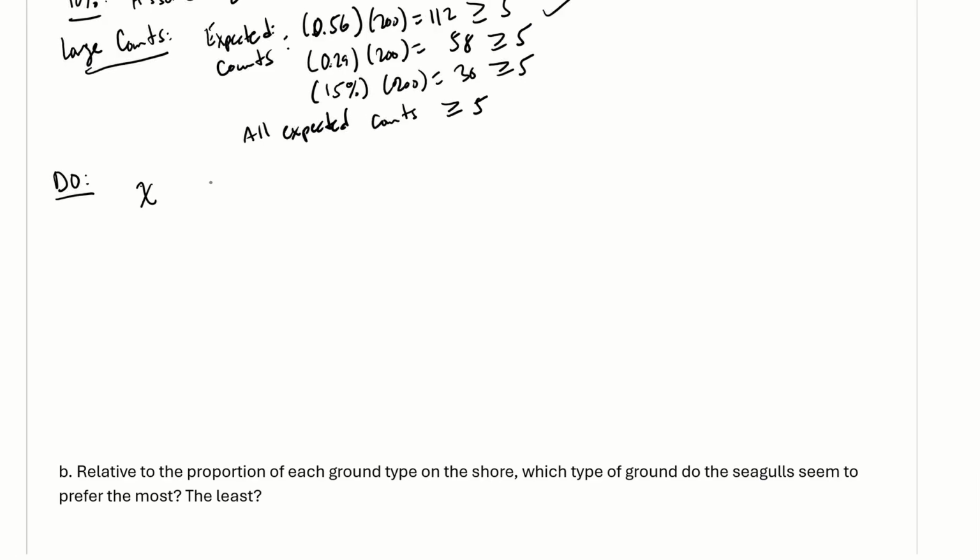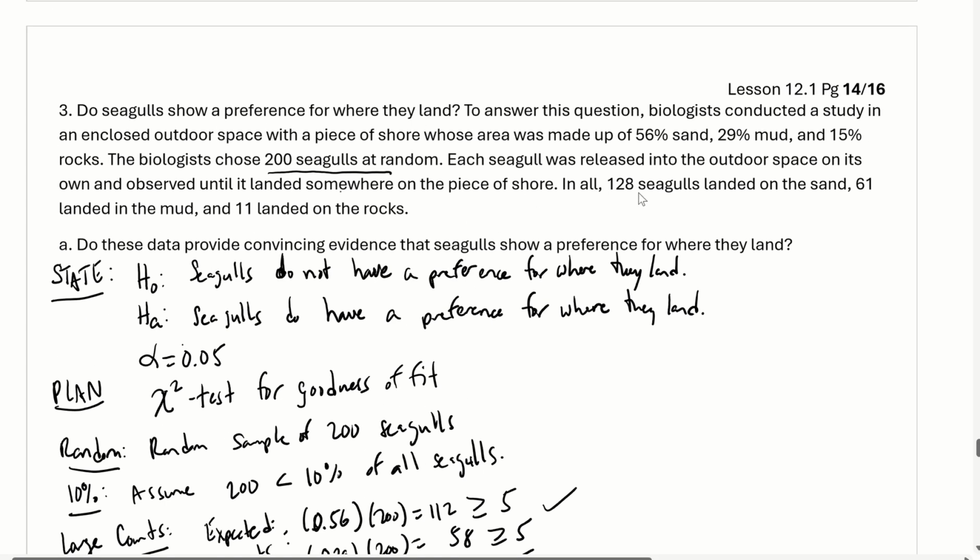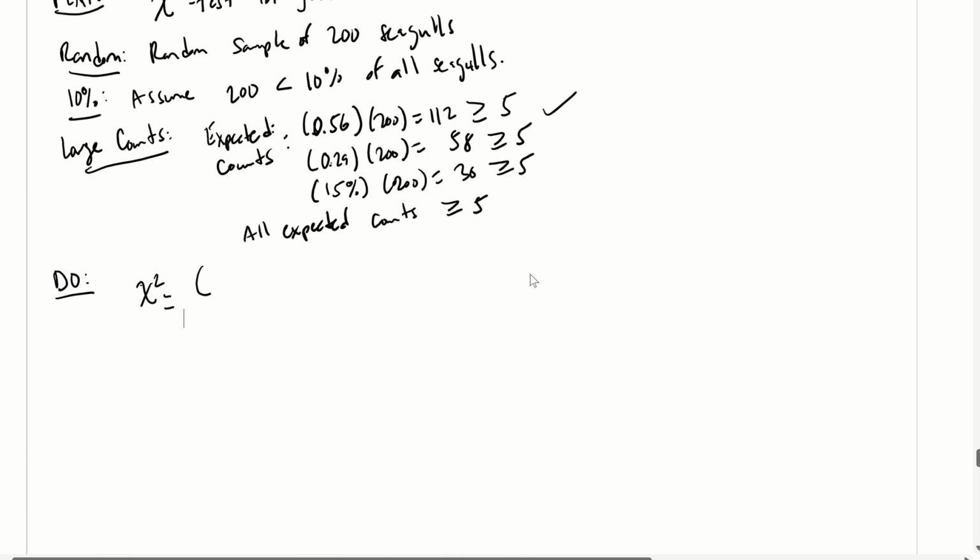All right, so now let's do the chi-squared. So 112 is expected. What did we observe? We observed 128 on the sand, but we expected 112.